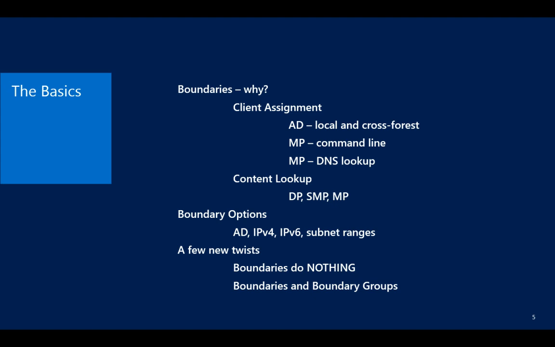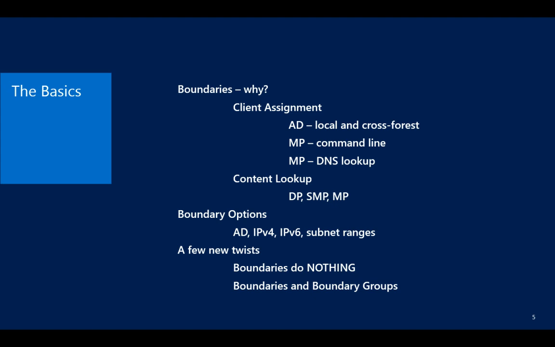We've always had the ability, for a long time, to specify a given distribution point as protected, which means that only clients that are within the boundaries associated with that DP could actually access it. That was a tool that would allow you to very specifically define how traffic would flow on your network whenever deploying content to clients.